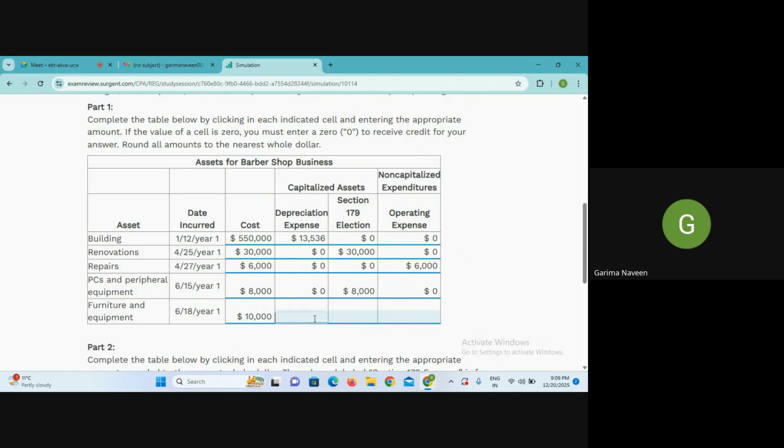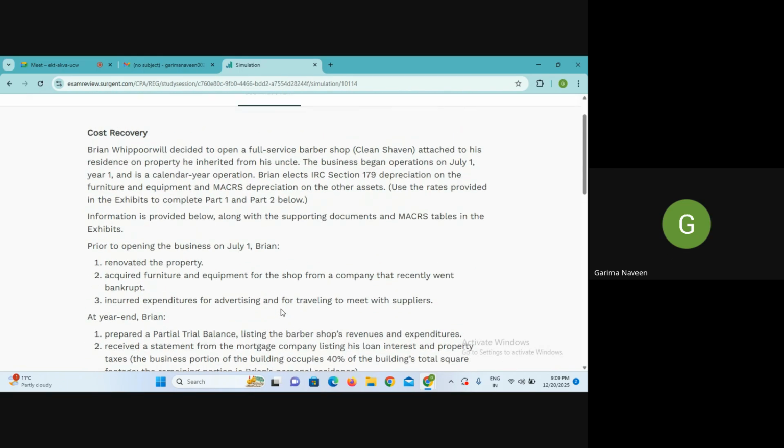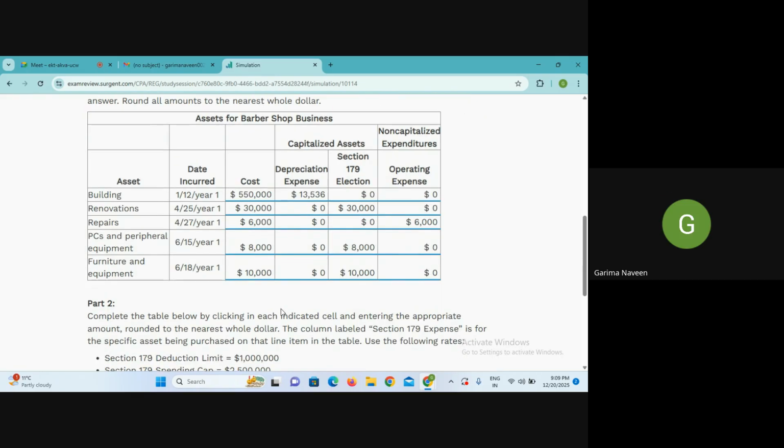Okay. So can you claim 179 or depreciation? And we can claim 179. Okay, then it will be 0. It will also be 0. Okay. On July 1st को ऑपरेशन स्टार्ट हुए.